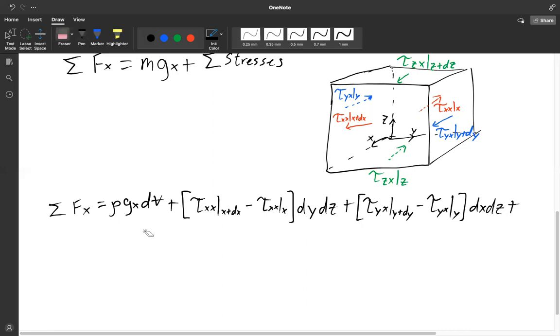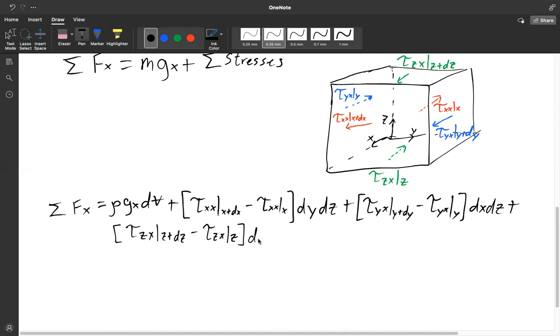Plus tau zx at z plus dz minus tau zx at z.